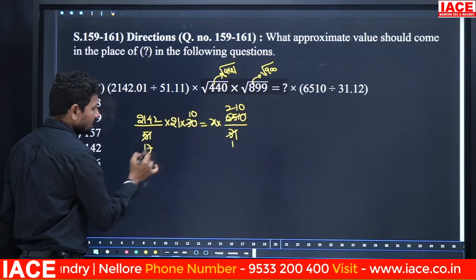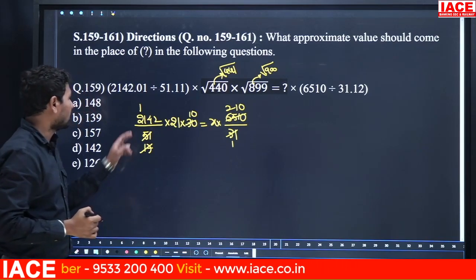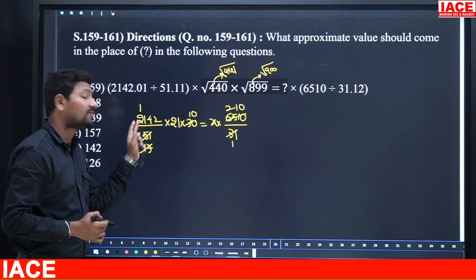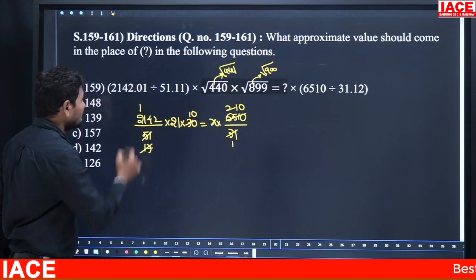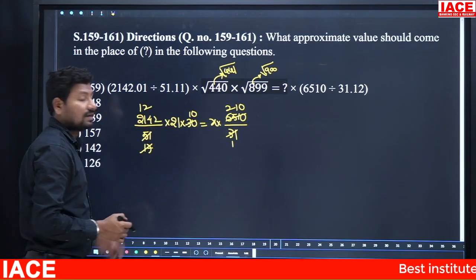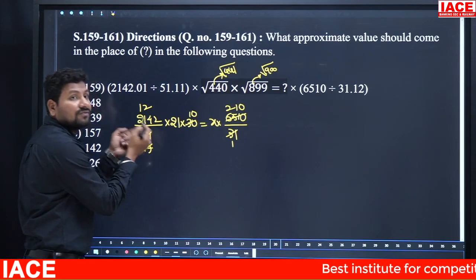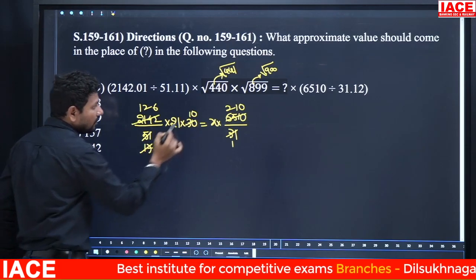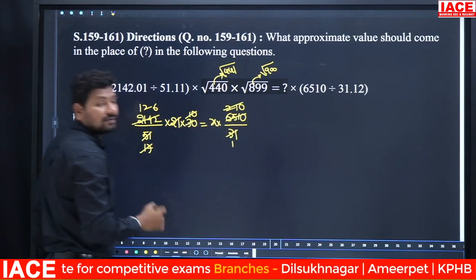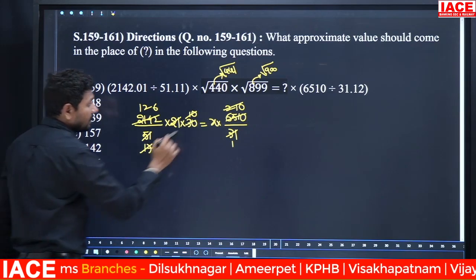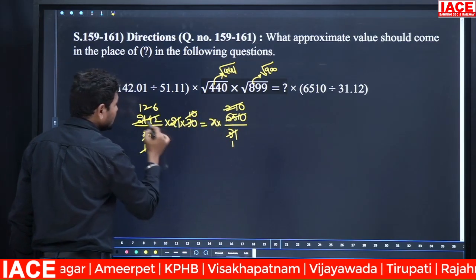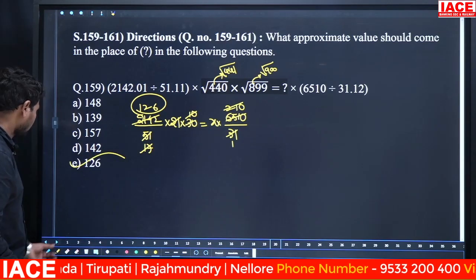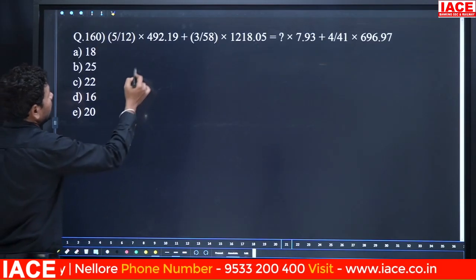Next, 17 cancel. 17 ones are 17, remaining value is 44. 17 twos are 34, 34 is gone from 44, remaining 102. 102 means 17 6s are. 21 10s are 210. Then 210 cancel. X is equal to, what is the answer? 126. Option E.